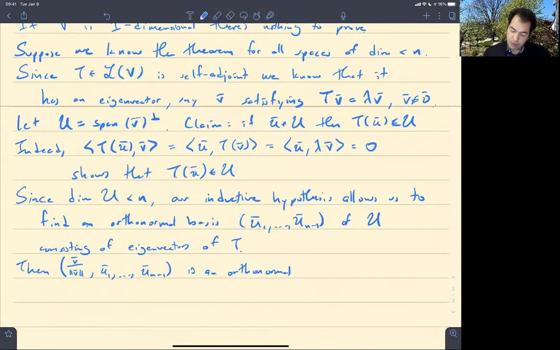Now we have an orthonormal basis of V consisting of eigenvectors of T. So here we're using that it's self-adjoint to say that this eigenvector is orthogonal to all of the other eigenvectors here.